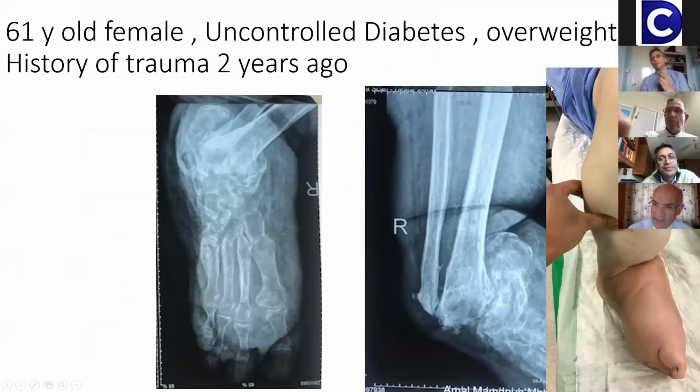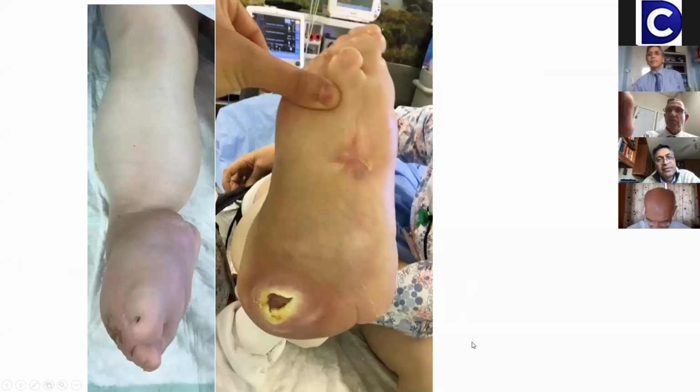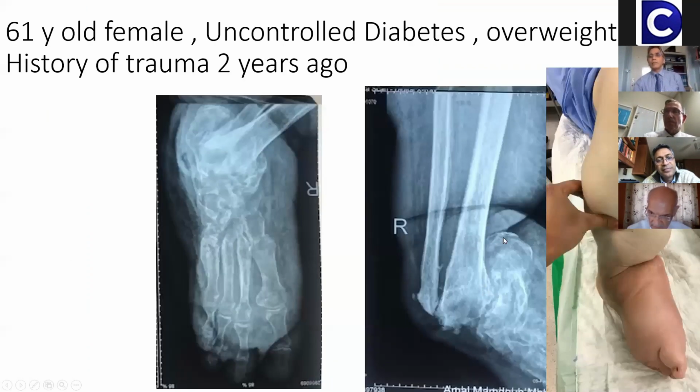She's overweight and she had an almost dislocated ankle, as you see here, a Charcot dislocated ankle. The foot is dislocated posteriorly. This is the anterior part. Total dislocation of the foot. And again, the foot is dislocated laterally, so it's total dislocation of the foot.